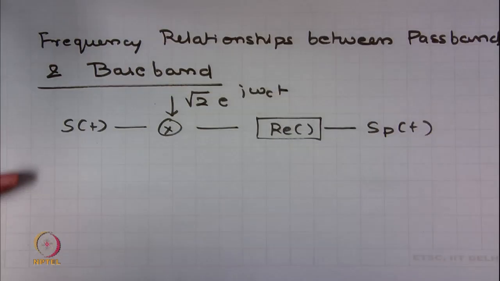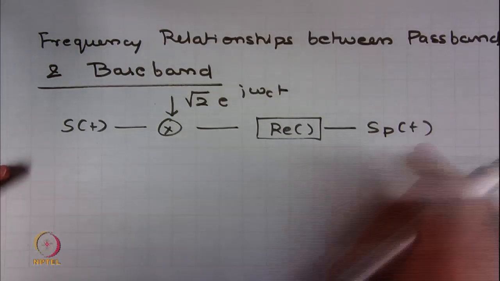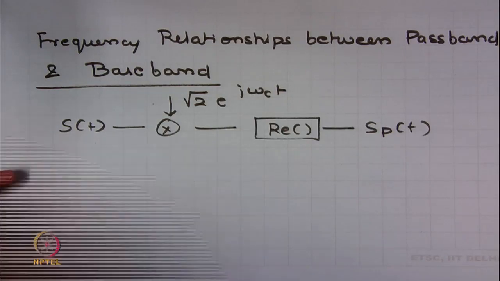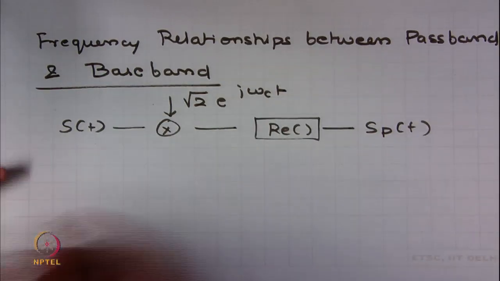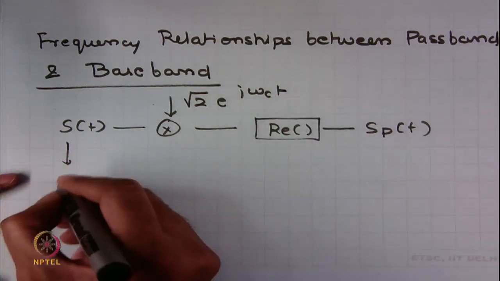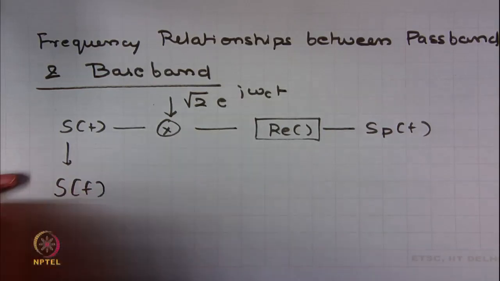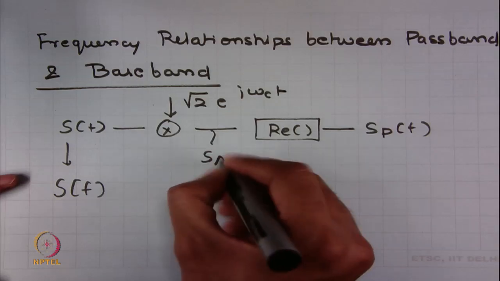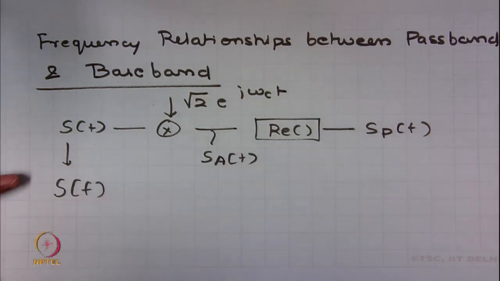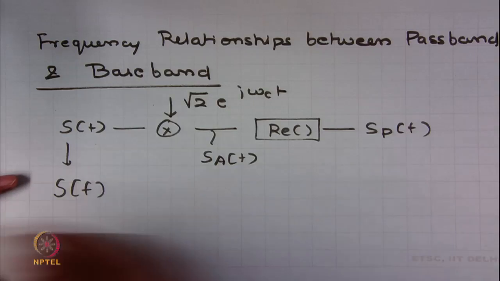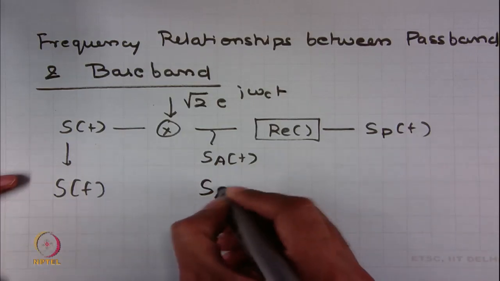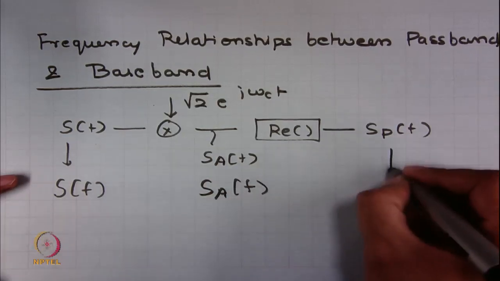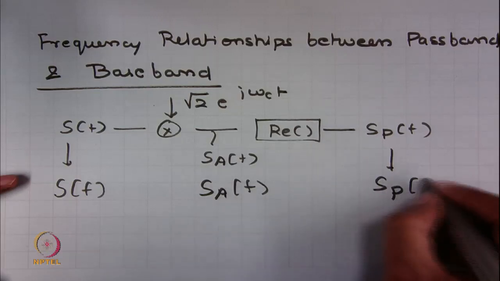So, let us see now what is the relationship between the spectrum of s_p and the spectrum of s(t). So, let us assume that the spectrum of s(t) is S(f). Let me call this quantity s_a(t). What is the spectrum of s_a(t)? Let me call this S_a(f), and let me call this spectrum S_p(f).